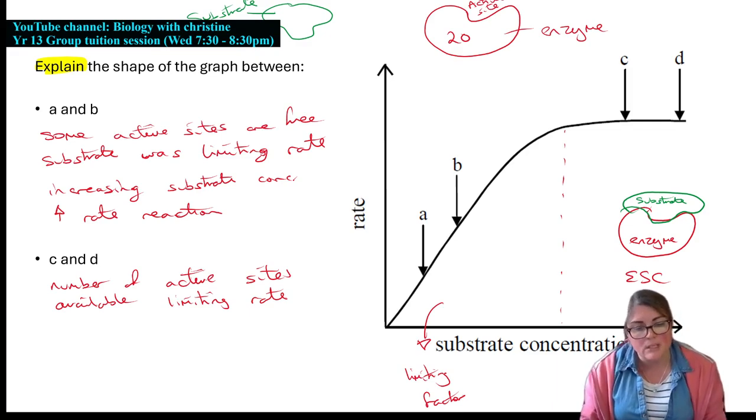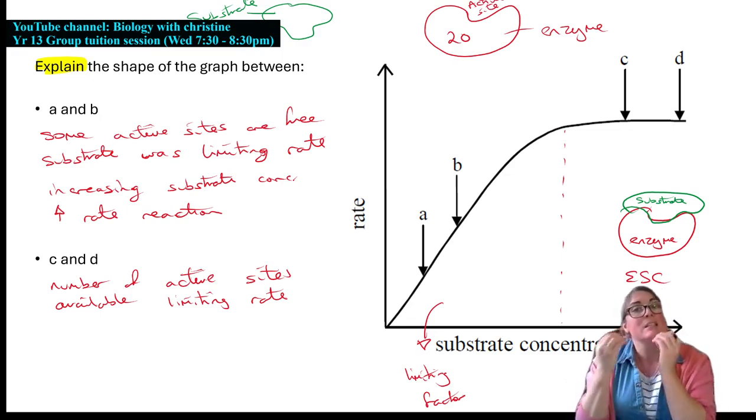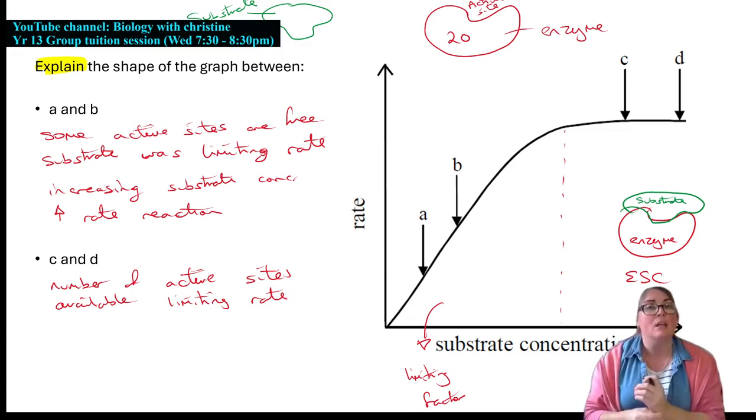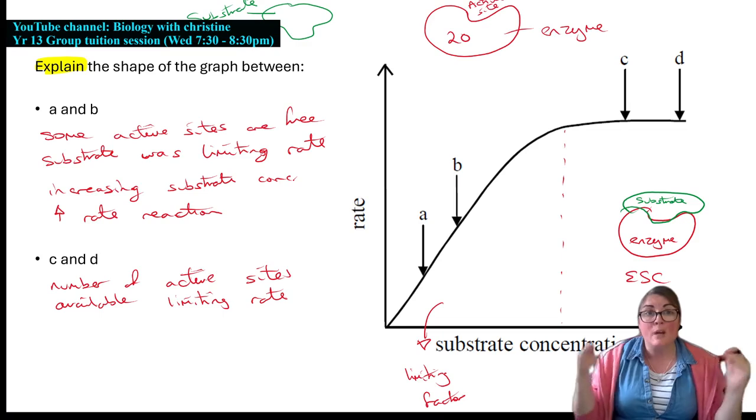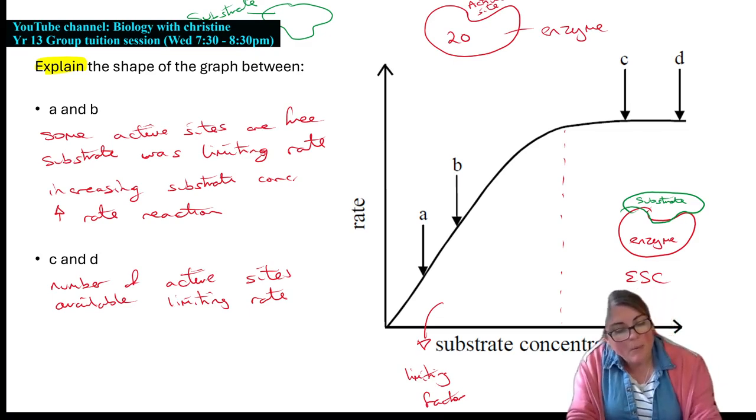So it is important when you're looking at those words, explain the shape, explain the science that's happening as to why that rate has stayed the same. What is it that's causing it not to increase? So the number of active sites available is the limiting rate.